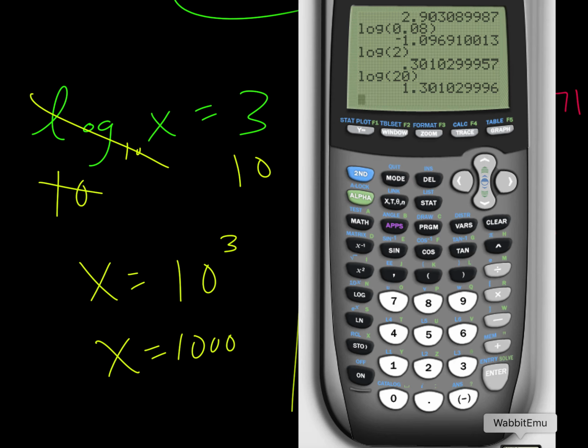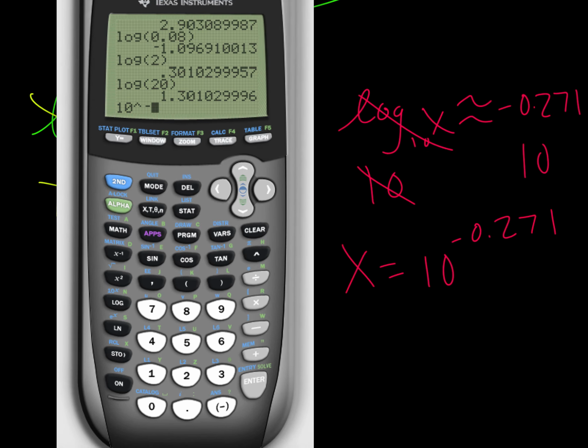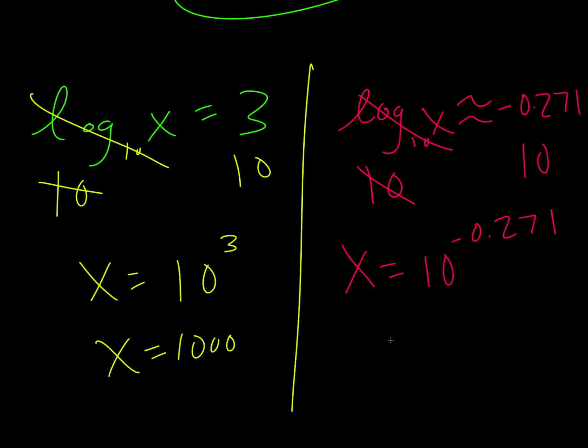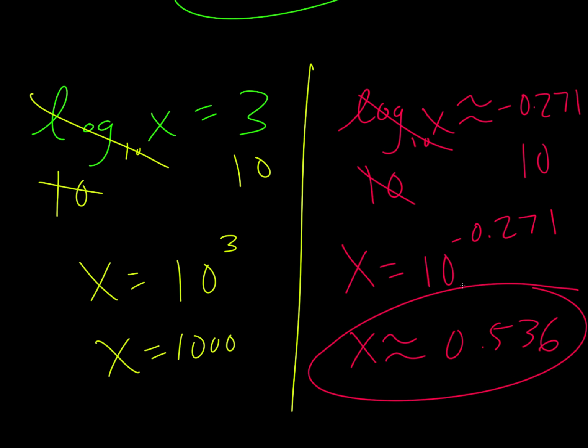We go to our calculator, 10 raised to the negative 0.271, hit enter, and we get 0.536, so x is approximately 0.536.